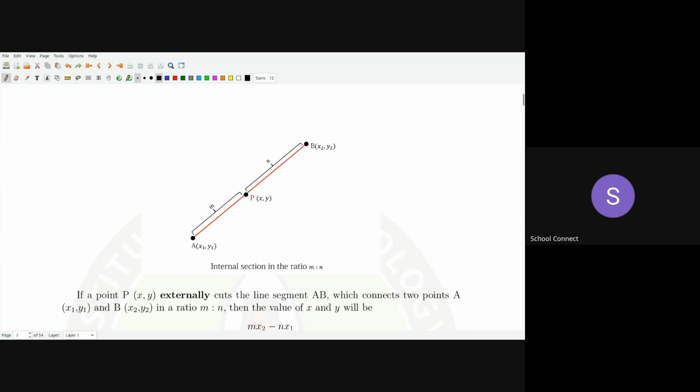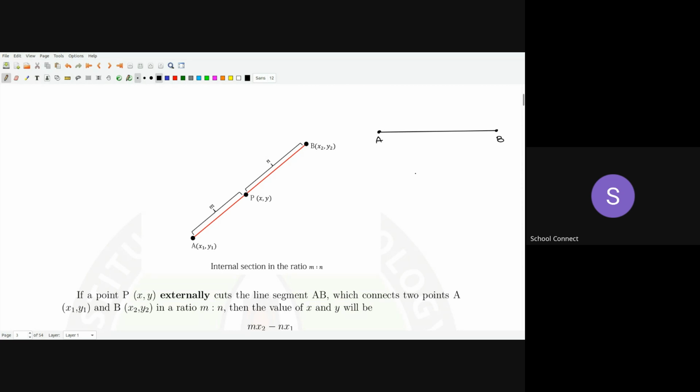So what do we mean by m and n parts? If you have the total length, you divide the total length into m plus n parts. For a simpler example, let's take m and n equal to 1. You have a big line with the 2 points A, B. Now divide this big line into two equal parts.